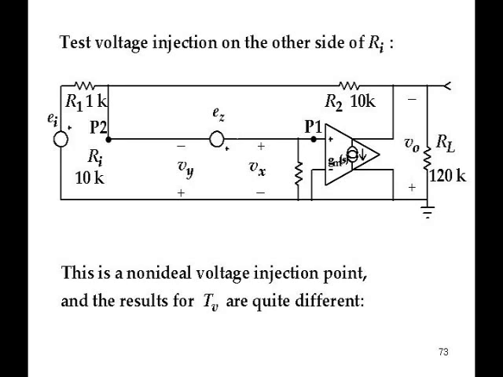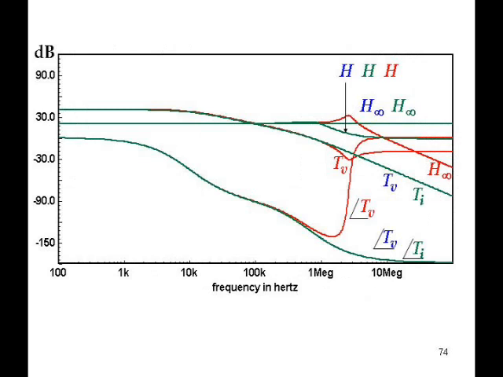But we'll see right now that when the test signal injection is on the left side of the Ri, this makes a big difference to the answers that you get. If you compare that with the previous pictures, you see the red line now is the voltage gain with the Ri on the other side.